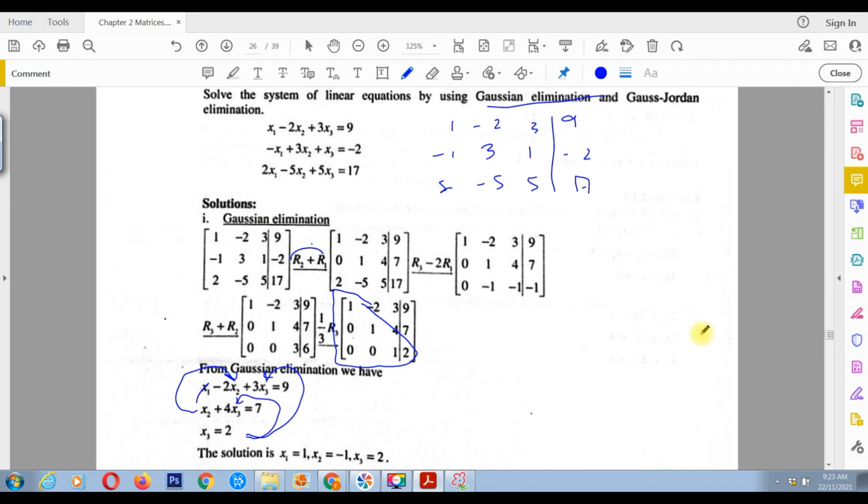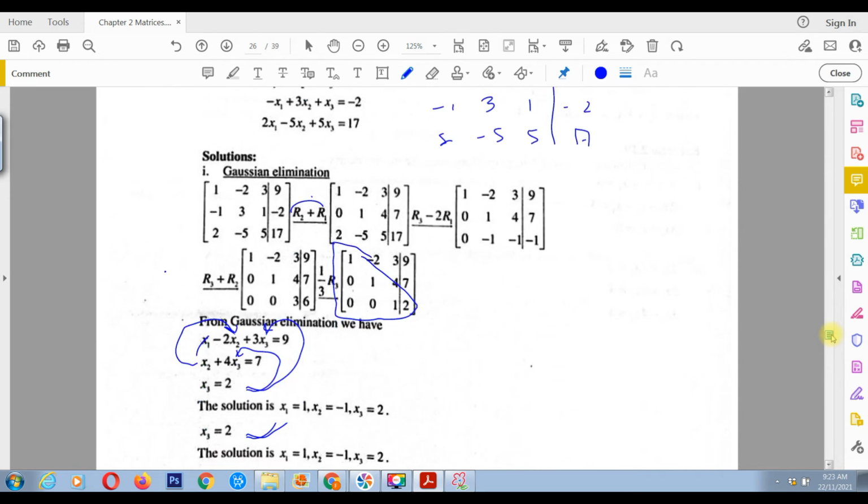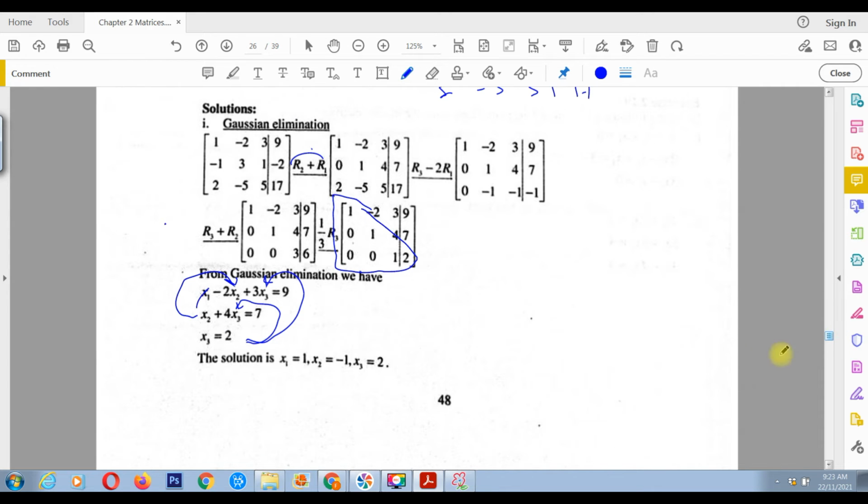Make sure you give the right method, because if wrong method, you will not get the marks.